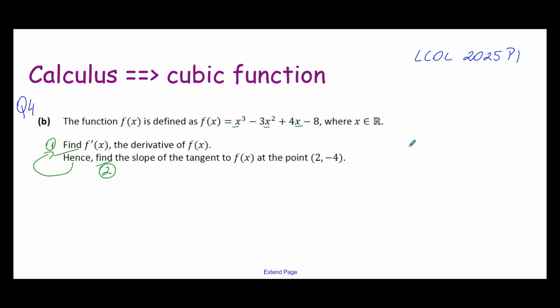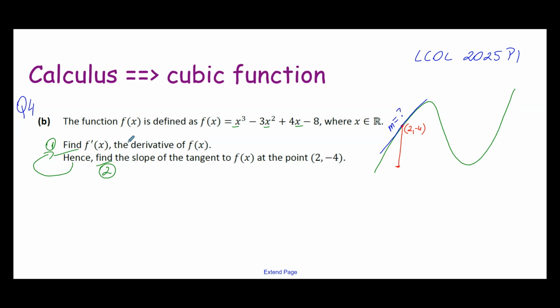I have this function, and there is a point, I'm making it up, let's say here, with coordinates 2 and -4. If I draw a tangent, a line that touches our curve at only that specific point, that line will have a slope. And we have to find that slope.